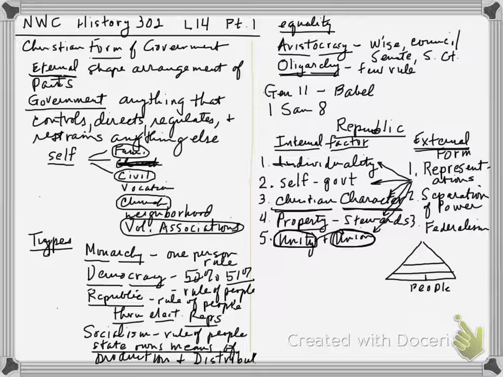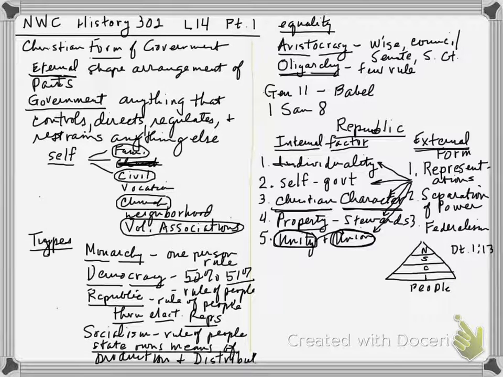The next would be county, the next would be state, and then, of course, the nation on top. And this is directly taken from Deuteronomy 1:13, where there's captains of tens and captains of 50s, hundreds, thousands, and Moses is at the top of the pyramid, only doing those things that the other levels can't do.